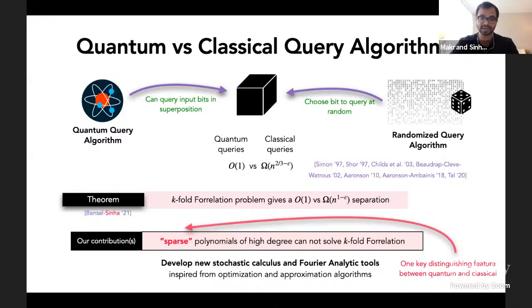And there are a lot of nice mathematical ideas that went into proving this, including stochastic calculus for analysis. Some of these tools are more common in optimization and approximation algorithms, and they help a lot in solving this problem. So I will leave it at that.